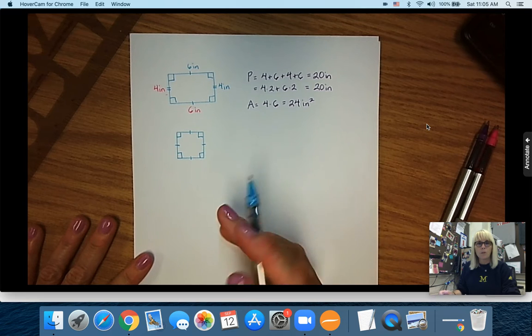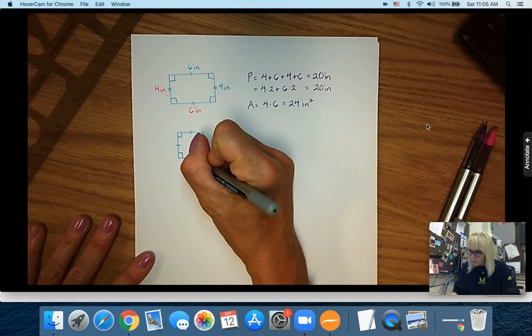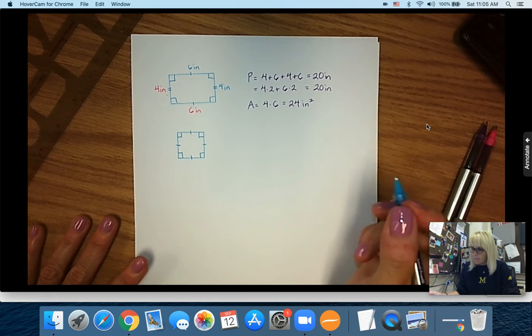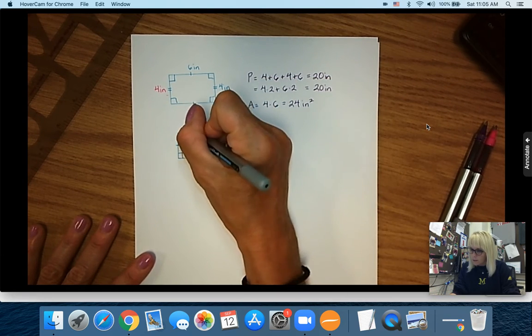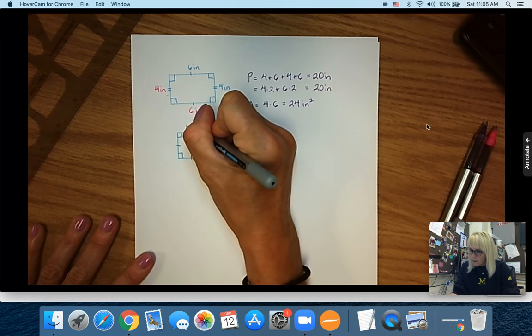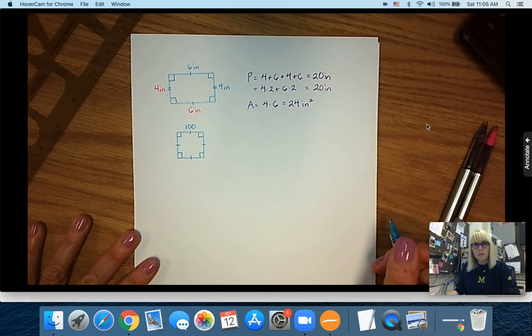So in order for you to compute the perimeter and the area, I have to give you a measurement, right? So this time I'm going to call one of these sides, for now, how about 100? Okay, so I'm going to pause the video and ask you to find the perimeter of that square and make sure you include units in your answer.